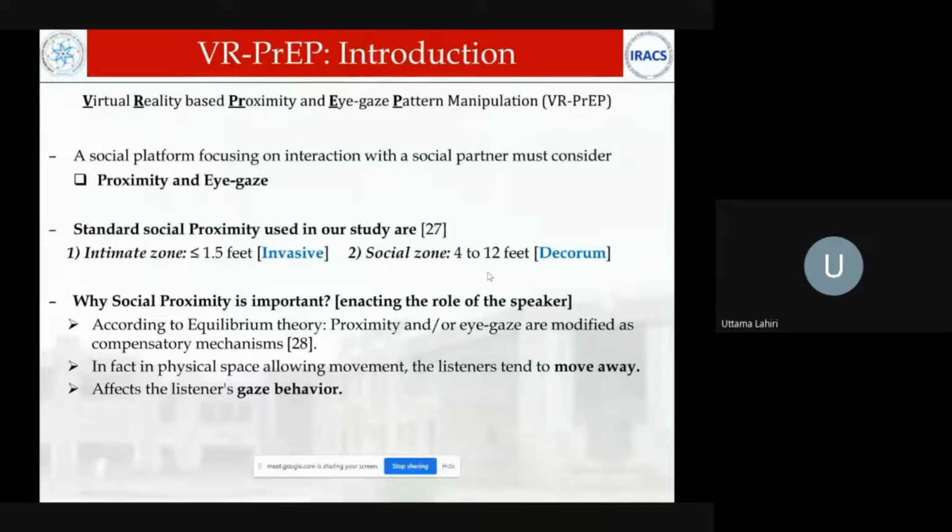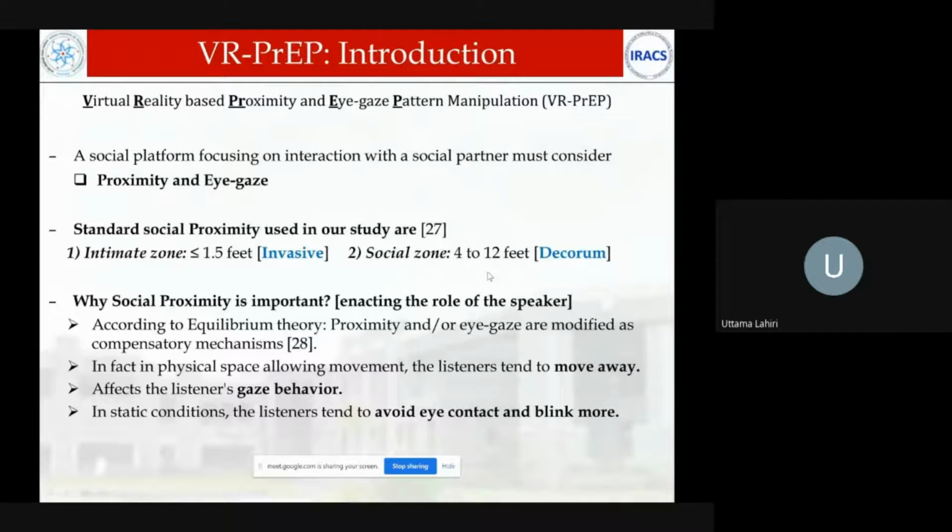And of course, it also will affect the listener's gaze behavior, the way I'm responding or reciprocating to the communicator's bid. However, in static conditions, we will avoid eye contact. That is, we will blink more. So in order to avoid eye contact, we will increase our blinking rate. These are in static conditions. But these have been very much reported in the literature as far as the physical space is concerned.